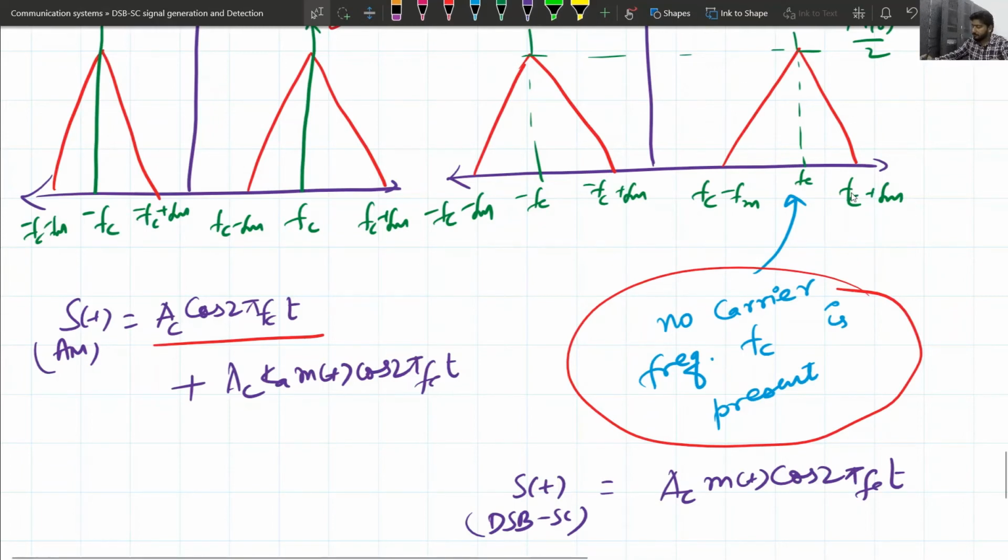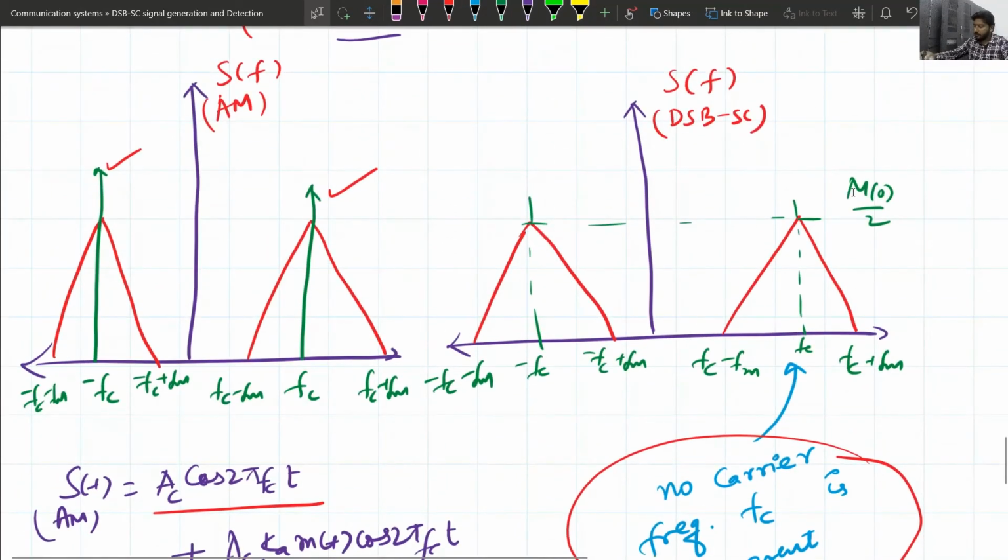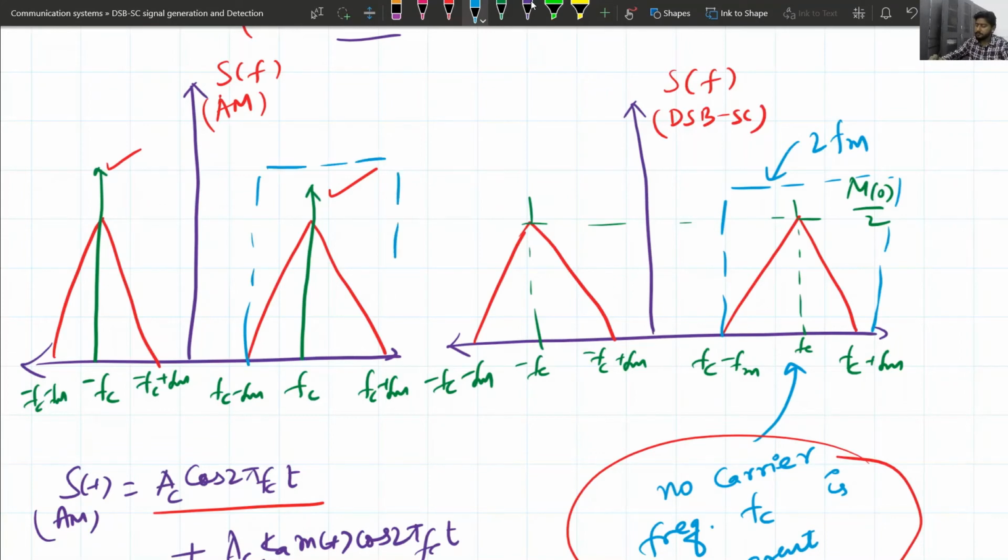But once again, at the receiver end, you have to apply a band pass filter whose bandwidth will be 2 times the maximum frequency present in the message signal. Similarly here also, 2 times fm is required.